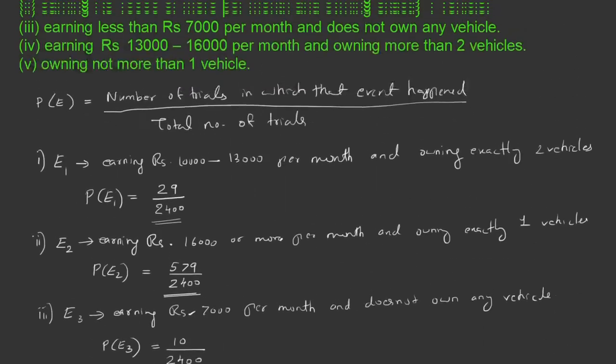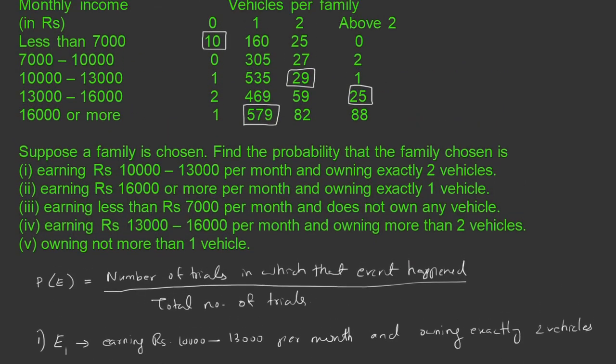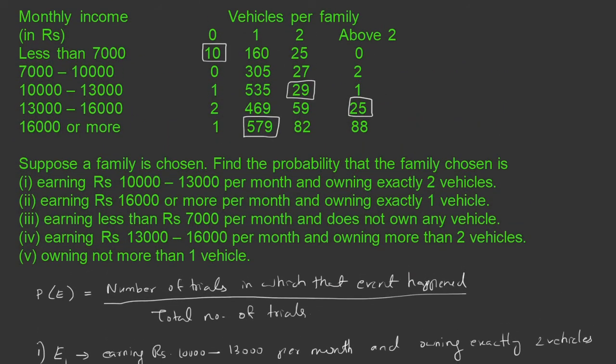Let us look into the data to find the number of families not owning more than 1 vehicle. Not owning more than 1 vehicle means having 0 and 1 vehicles. So, the number of families having 0 and 1 vehicles is this much.